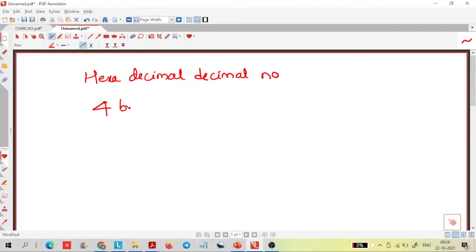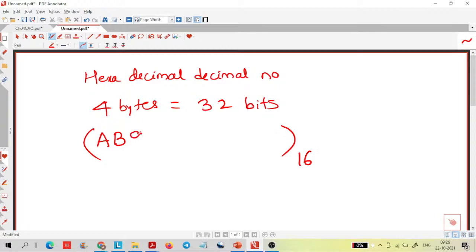4 bytes. 4 bytes means 32 bits. So tell me a number of 4 bytes, like AB. This is 1 byte. Then 92, 34, 15.